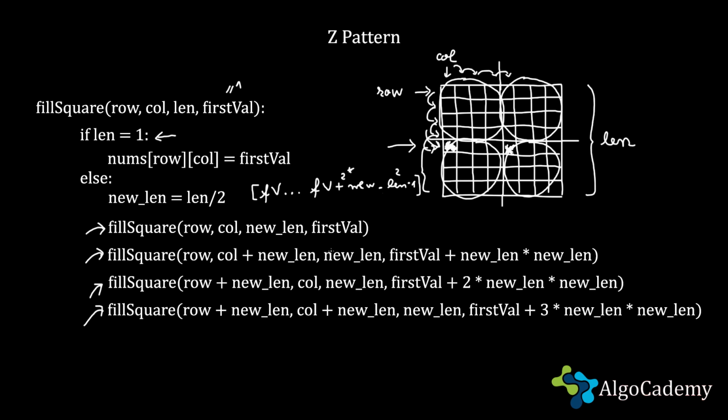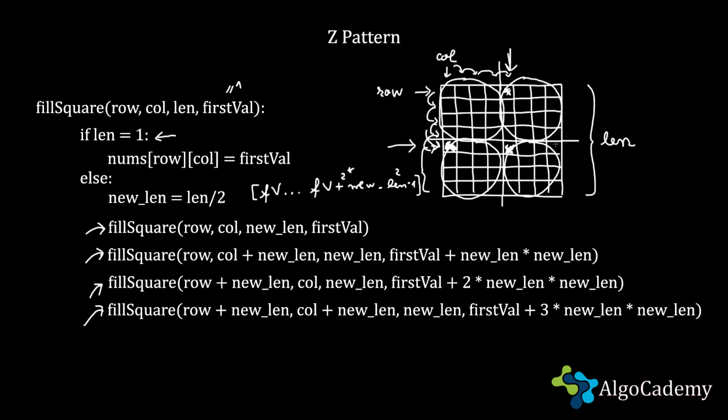So it's row plus new len. The column is this one. It's the same column as the one for this second quadrant, right? So it's column plus new len. So we have our upper left corner in row plus new len, col plus new len.